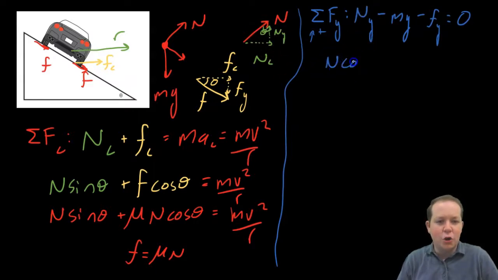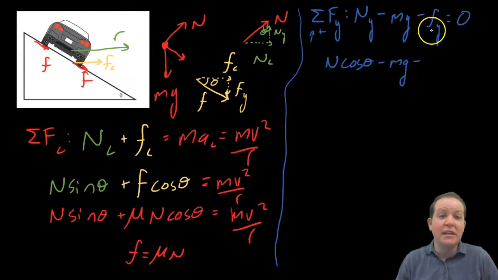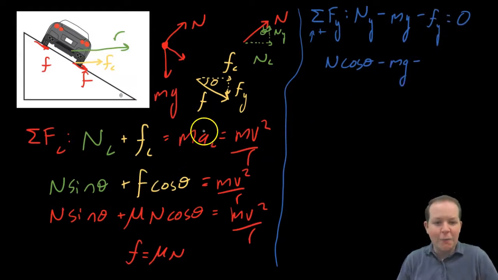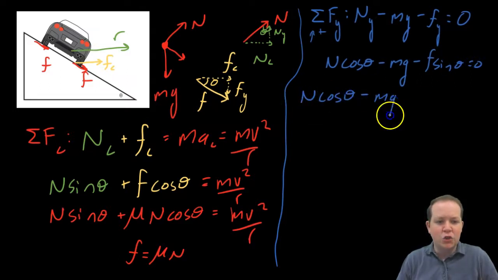That would be N cosine of theta minus mg minus, what's the component of the frictional force? Fy. Fy, that's opposite. That'd be F times the sine of theta equals 0. And again, N cosine theta minus mg minus mu times the normal force, sine theta equals 0.